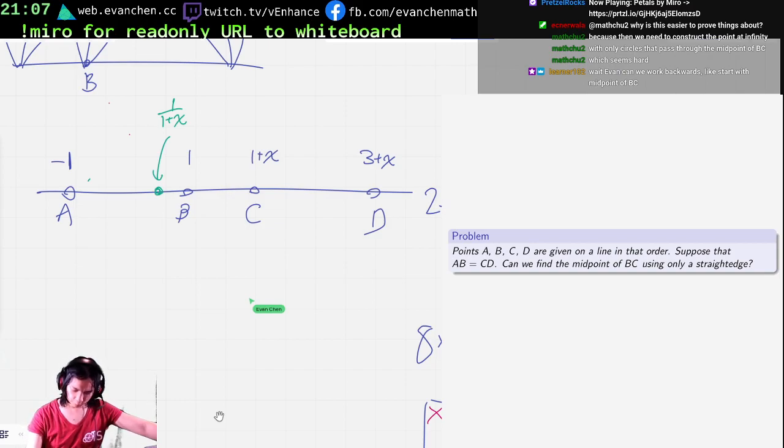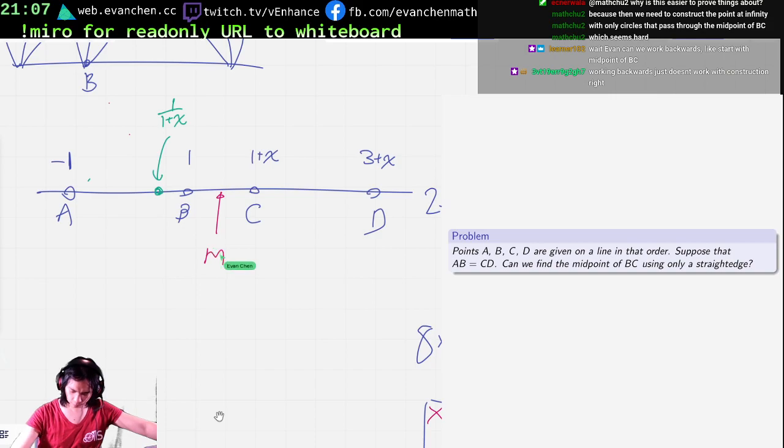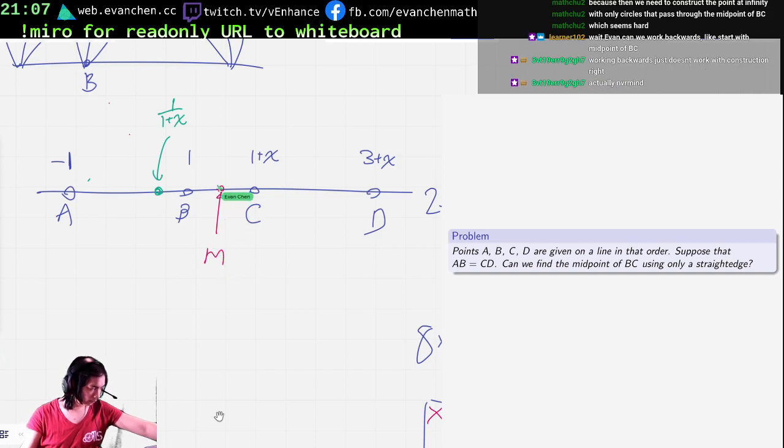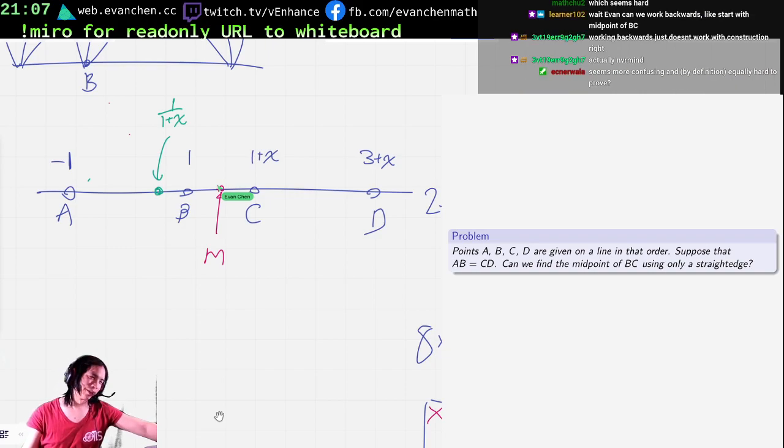You want to start with the midpoint? Can I just use Sage? I just want to randomly construct.